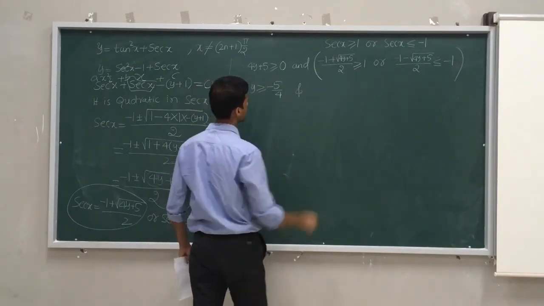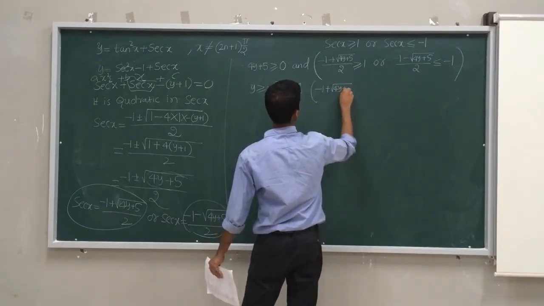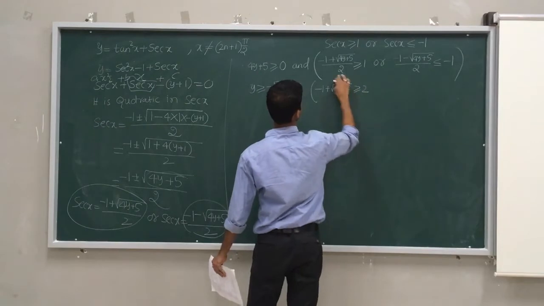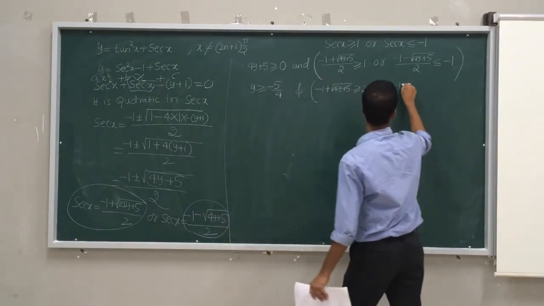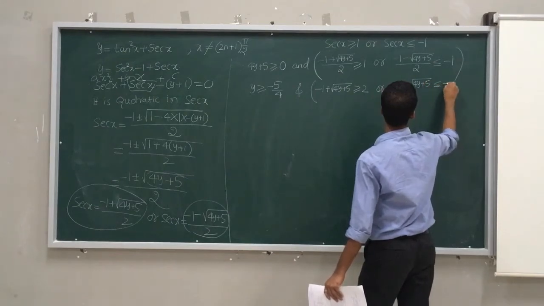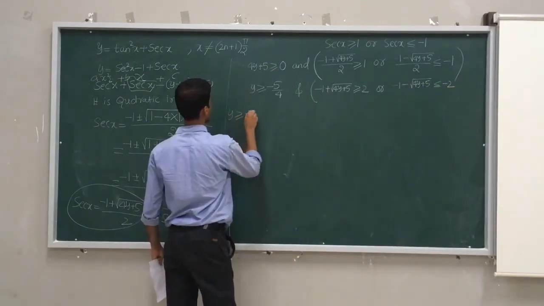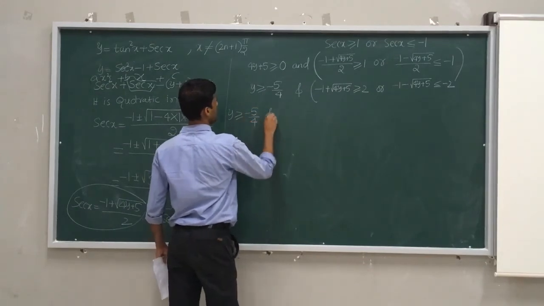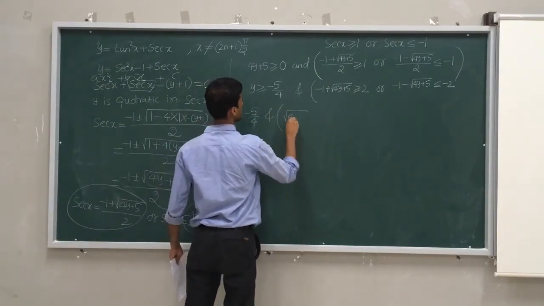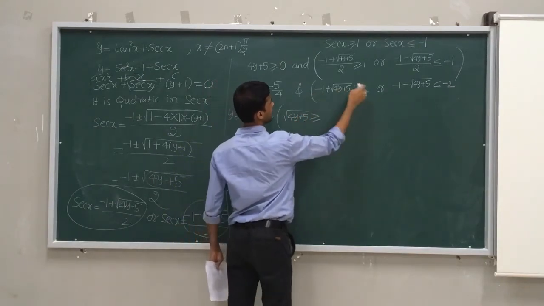And when you simplify it, this becomes minus 1 plus root of 4y plus 5 greater than or equal to 2. I have shifted here. And minus 1 minus root of 4y plus 5 less than or equal to minus 2. Okay, so y is greater than or equal to minus 5 by 4 and root of 4y plus 5 greater than or equal to, you add plus 1 here.